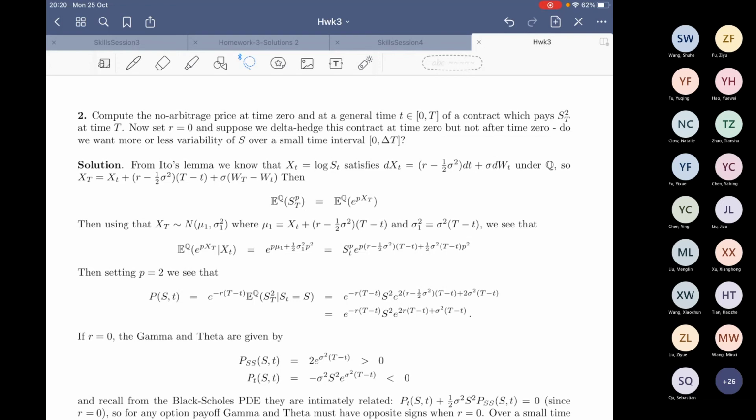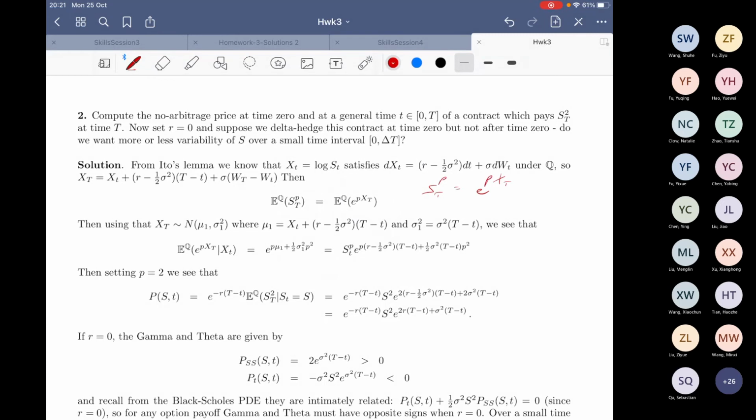Okay. So I changed how I wrote this question to make it more consistent with the idea of conditioning and what happens at time t. This is true simply because S_T is e to the X_T, and therefore S_T to the p is e to the p X_T.